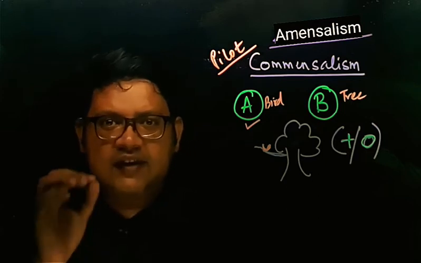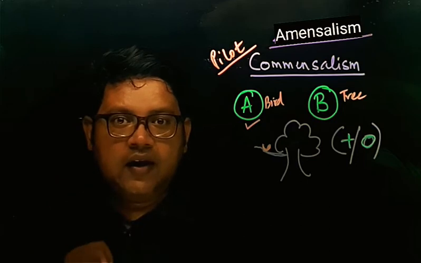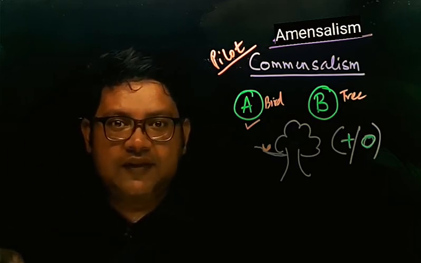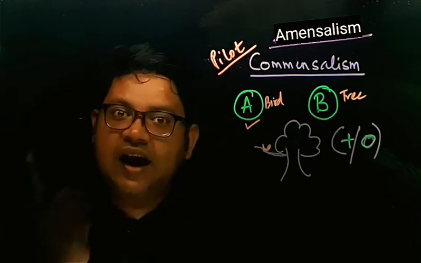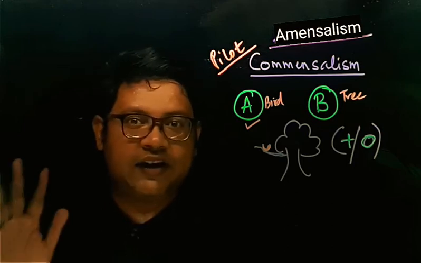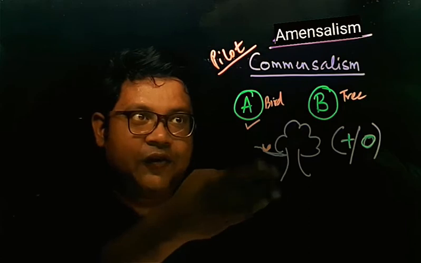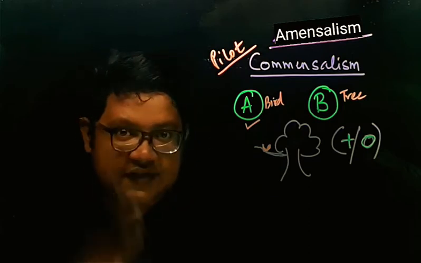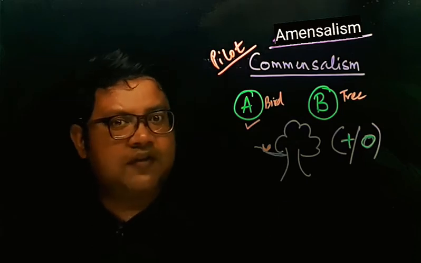Amensalism is a type of interaction where one of the species is getting harmed and the other interacting species is neither benefiting nor getting harmed. It's just, you can say, the opposite of commensalism, where one of the species is neutral.